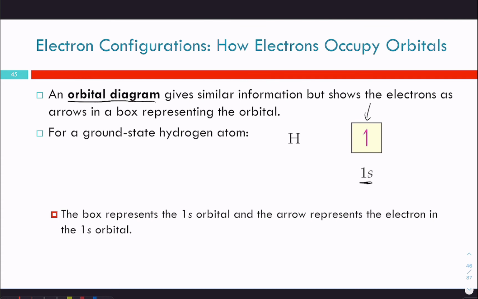You can have those arrows be either up or down. Whenever you write them together, they pair up: 1 is up, 1 is down. It's called their spin. We won't talk about that much, but when you're writing them out, they need to have alternate spins.